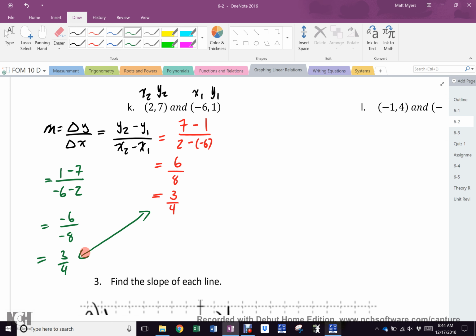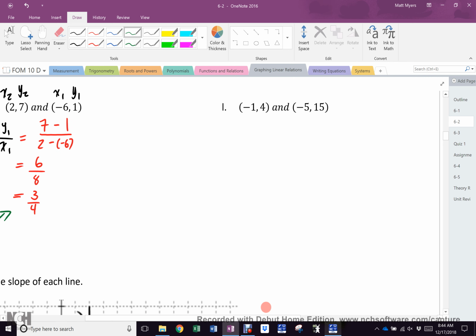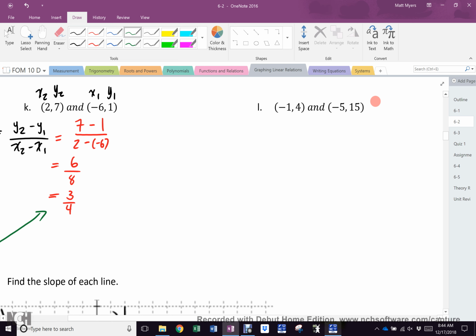It's the same as if we counted, but we don't have to go through the hassle of graphing it. Everybody good? Try it with the next one. Go. Decide on your y2s and y1s, plug them into the formula, and see what you get. I'm going to reverse this time, and I'm going to make this guy x1 and y1, x2 and y2.